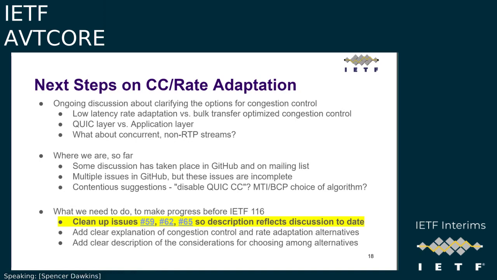So one of the things I'd like to do is, we've had a lot of conversations as if there were two levels, but if an application on top of RTP is trying to do this also, there's really three. And we haven't had a lot of conversation that focused on all three. We've had conversations that focused on two of them. So especially taken with your comments in Zulip, that's super helpful.